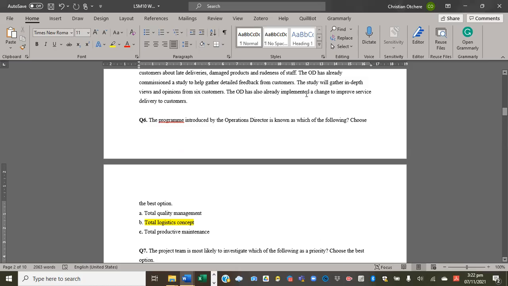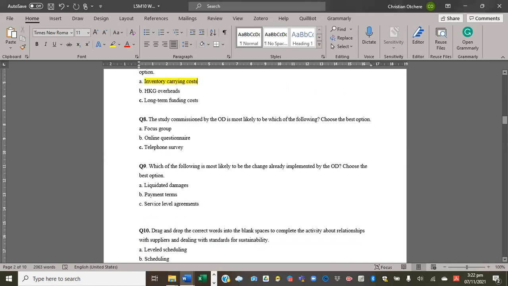The OD has already implemented a change to improve the service. So the study commissioned by OD is most likely to be which of the following? Yes, the focus group. So 6 customers, focus group.